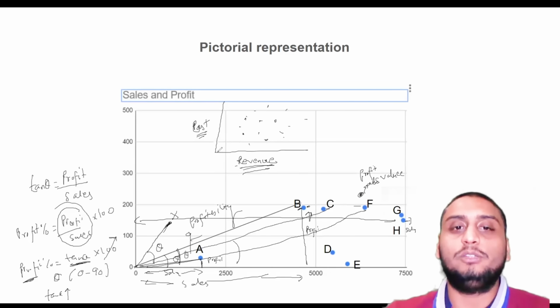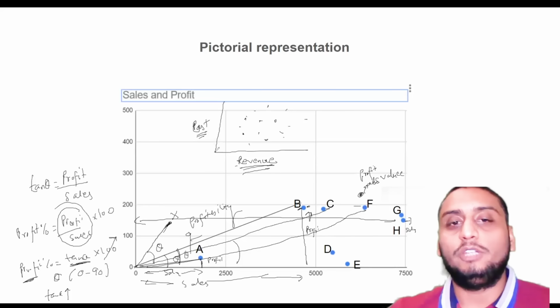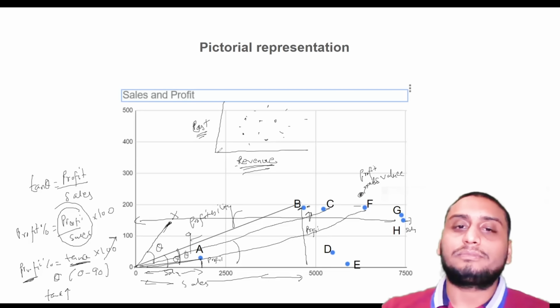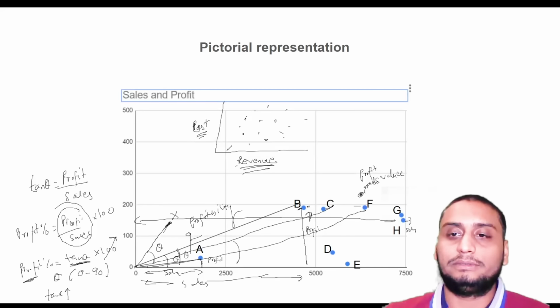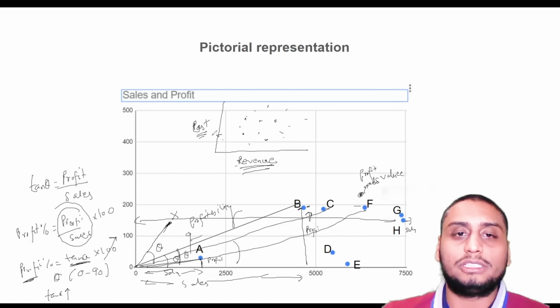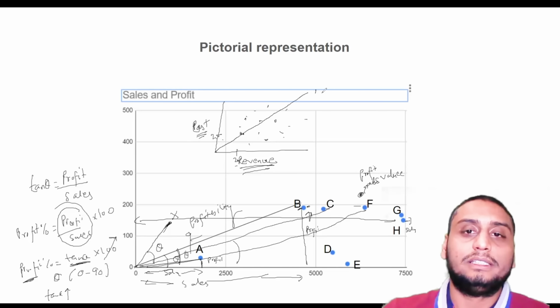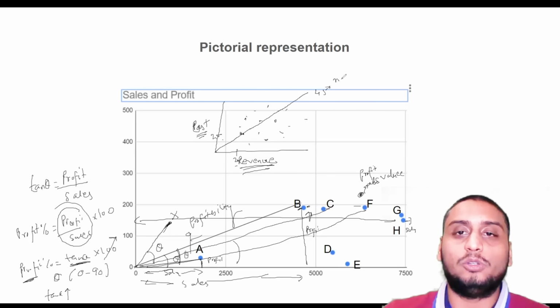So cost and revenue. If your cost and revenue are the same, that means you are making no profit. Let's say your cost is 2 rupees and your revenue is 2 rupees, so there would be a line of 45 degrees. If any company lies on this line, it has no profit.